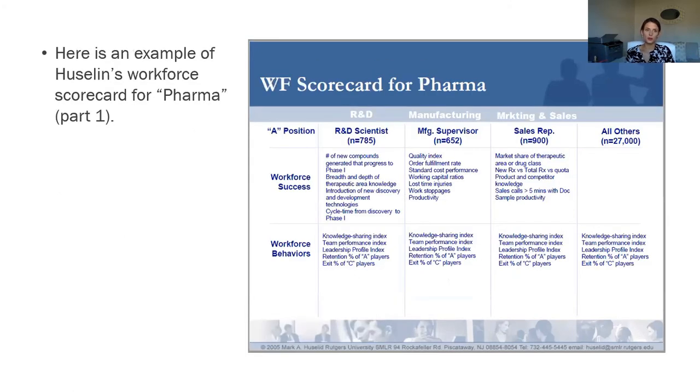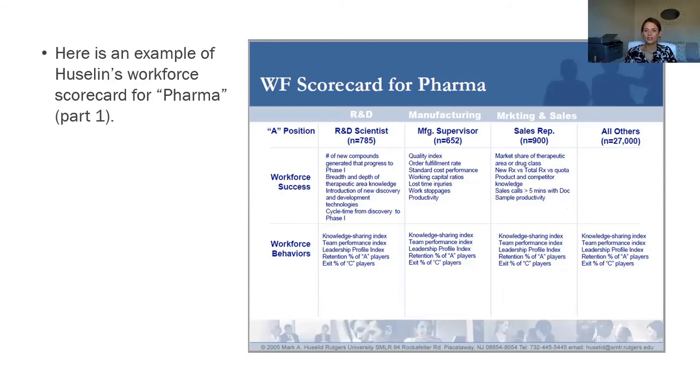So here is an example for Pharma, and this is their workforce scorecard. This particular scorecard is focused on the human resources, on the people. Here's an example of a scorecard for a company called Pharma. What we see here in each one of these boxes, we see the criteria that this company is going to use to determine whether or not they're on the right track.